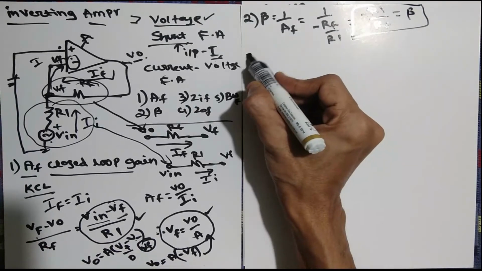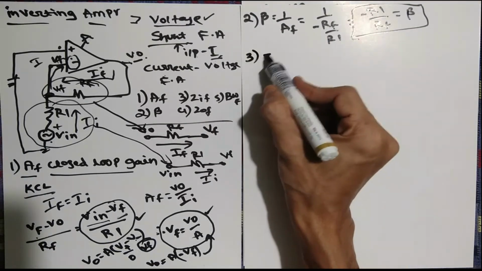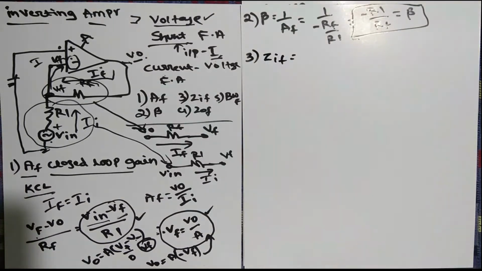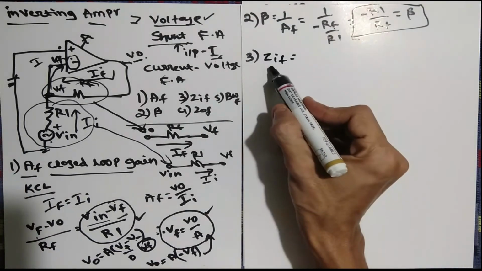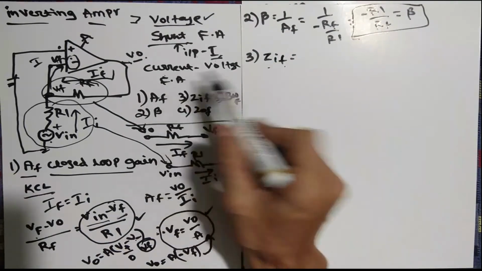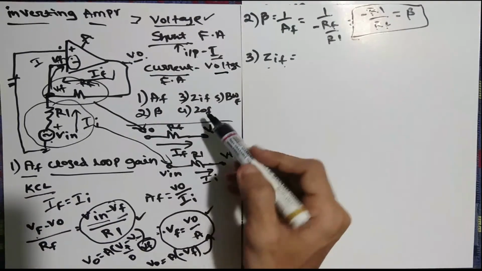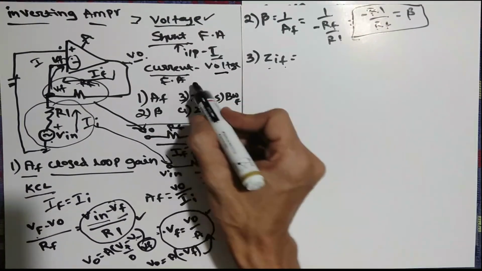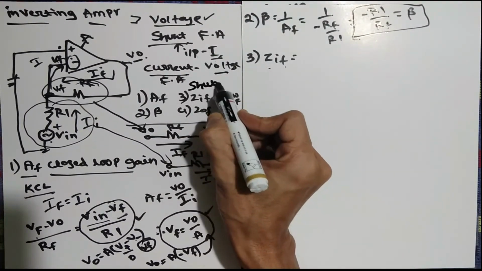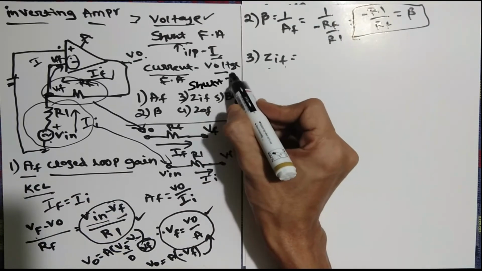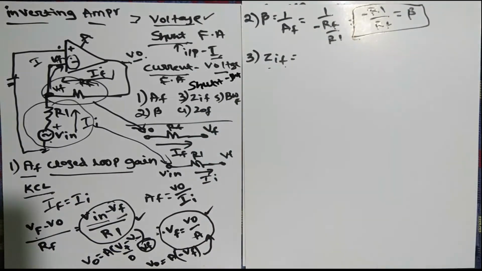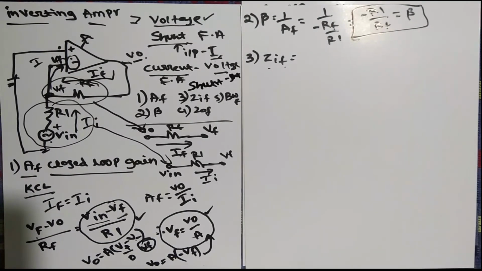So we'll go for the third one, that is ZIF. What type of ZIF do I have to find? When you check our circuit type, it is current and voltage: current is shunt and voltage is another shunt. So it is a shunt-shunt amplifier, and we have to go with that type of resistance.